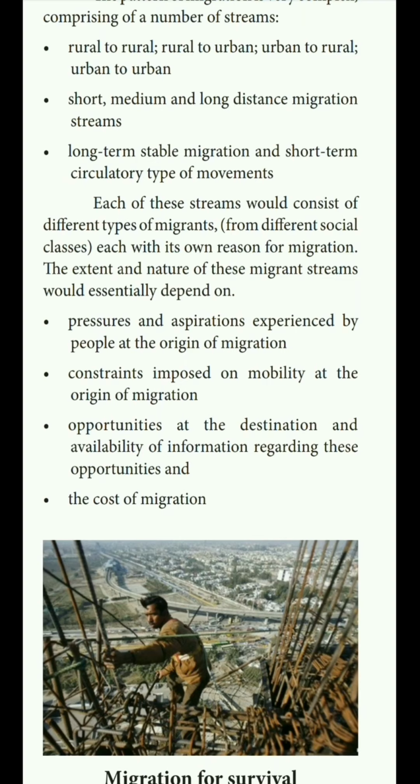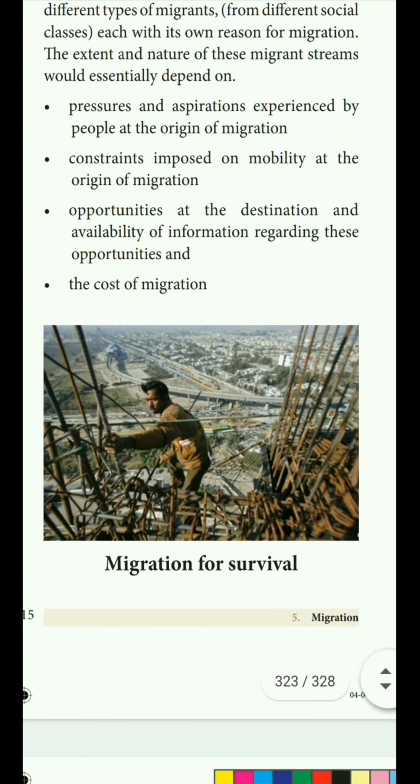Okay, so if suppose in their particular place the cost is high, or they want to buy more things, they will move to another area. For example, they will move to the rural area. So this picture also clearly explains the migration for survival. For living only they have moved.